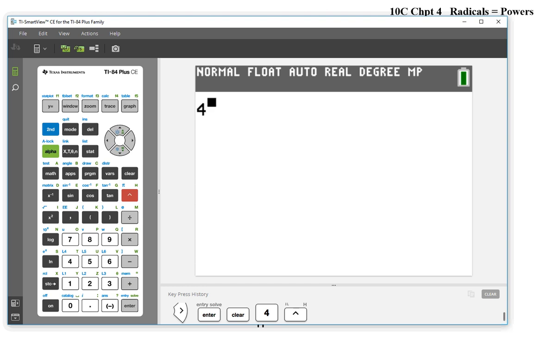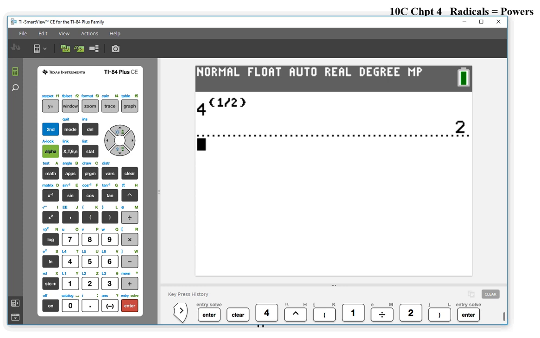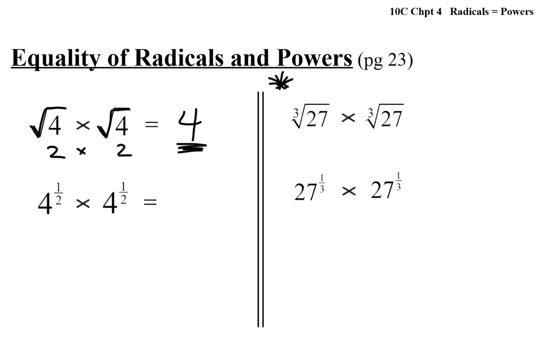Remember, to put fractions, we bracket it and use division. 1 divided by 2. So I end up with 4 exponent 1/2. Well, when I hit enter, it equals 2. So 4 to the 1/2 is equal to 2, which means 4 to the 1/2 times 4 to the 1/2 is going to equal 2 times 2, which is also equal to 4.